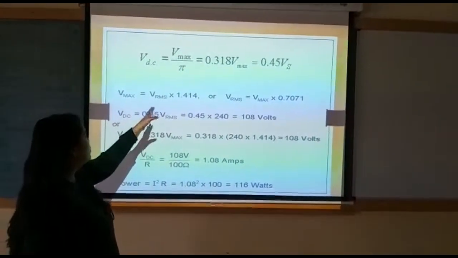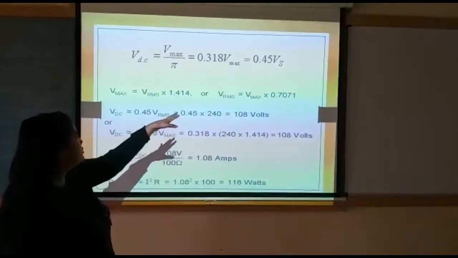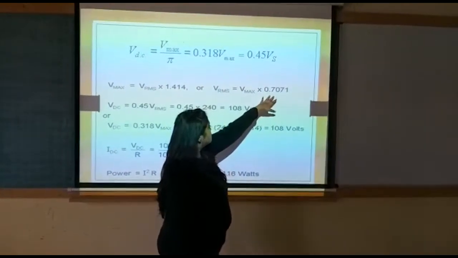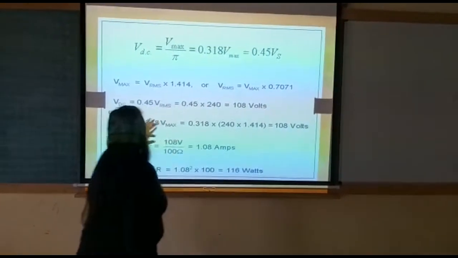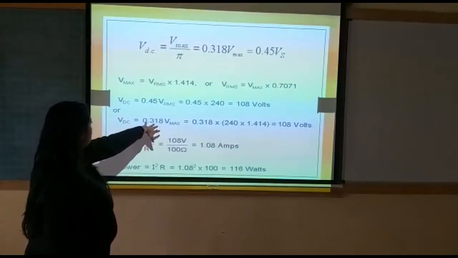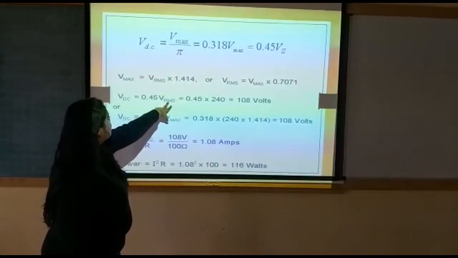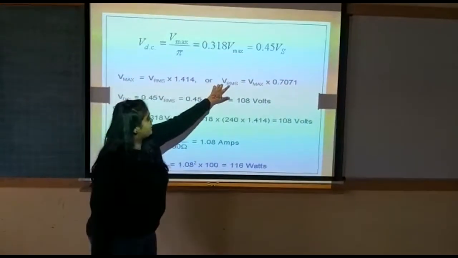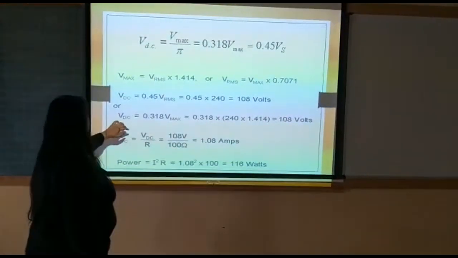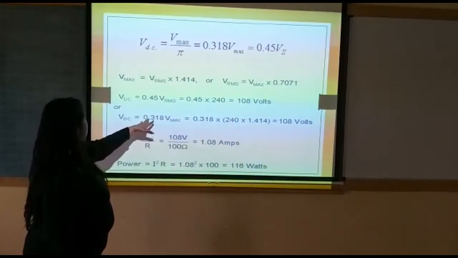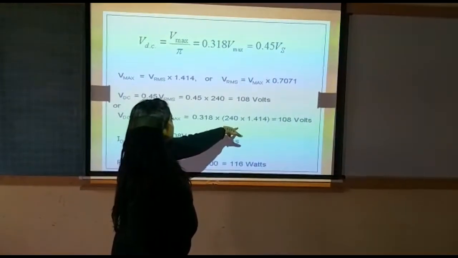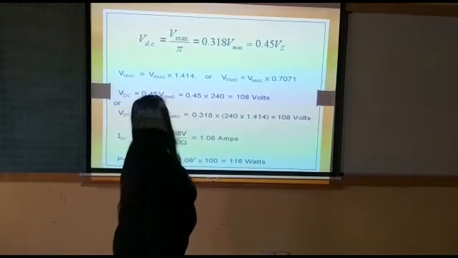or VRMS into 1.414, or we can say that VRMS equals Vmax into 0.7071. Now VDC equals this, as we calculated over there, and now we will put in the value of VRMS from here, and then VDC will be equal to 108 volt, or VDC equals 0.318 Vmax, and we put the Vmax value over here and get the value of VDC.